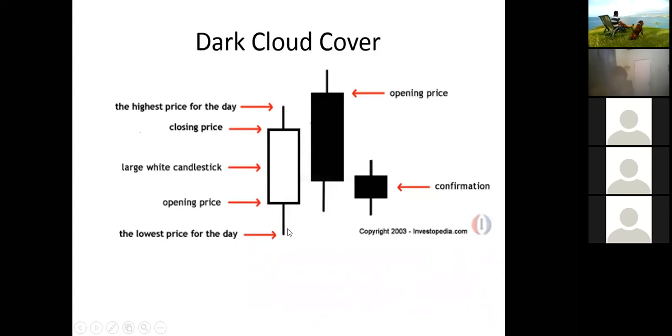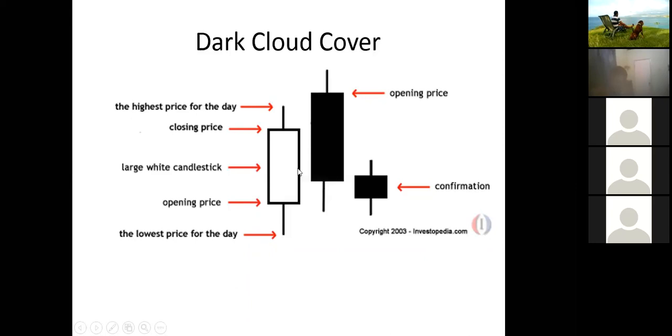As you would see, it closed much lower, penetrating much more than 50% of the body of this bullish candlestick. So anytime you see this take place, it is another indication at the top of a trend, an opportunity to enter the market on a sell, right?